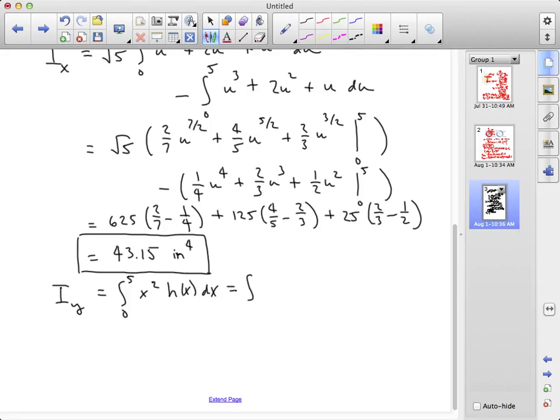So this becomes x squared times 1 plus x on top and 1 plus x squared over 5 on the bottom. And we end up with an integral from 0 to 5 of x squared times the quantity x minus x squared over 5.